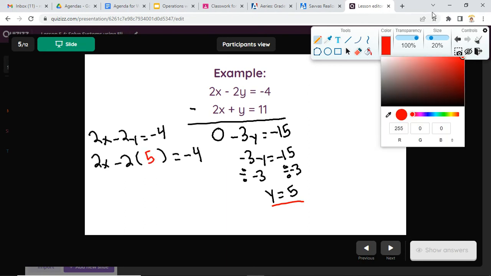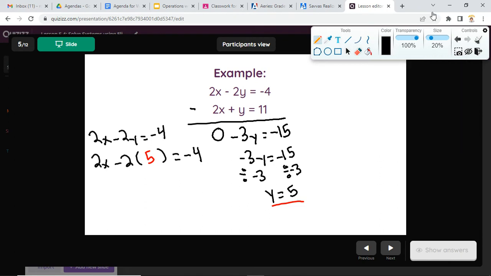Okay, so I have 2x minus 2 times 5 equals negative 4, or 2x minus 10 equals negative 4. By adding 10 to both sides, I get 2x equals 6, and by dividing by 2, I get x equals 3.